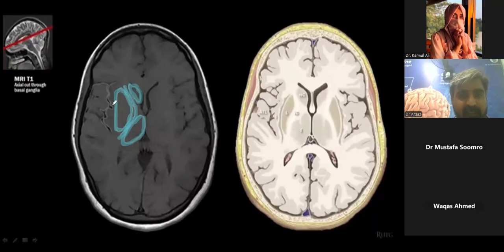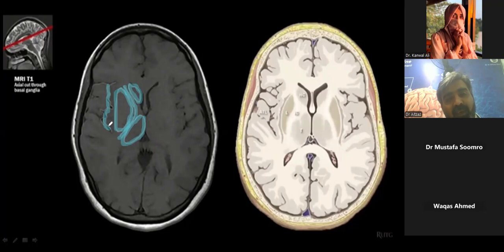And what is this one? This is the Sylvian fissure, sir. In between the lentiform nucleus and the Sylvian fissure is the insula, sir. Very good, excellent. This is the insular cortex.